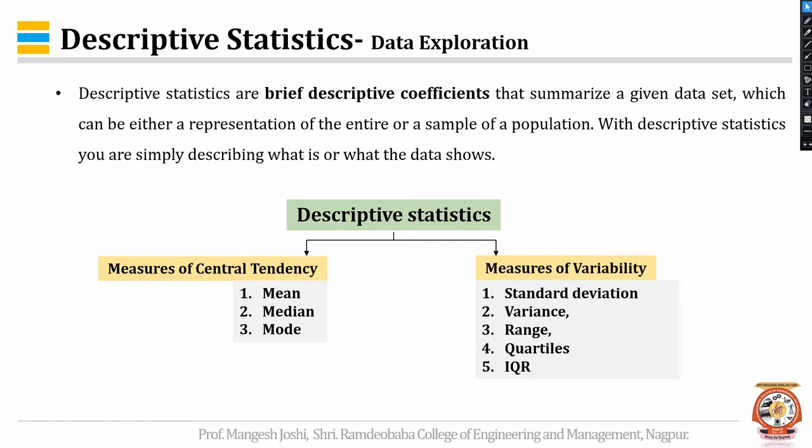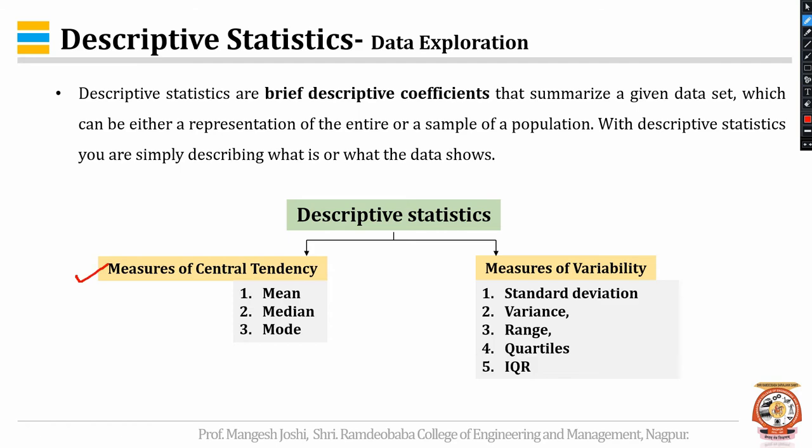So descriptive statistics are brief descriptive coefficients that summarize a given dataset, which can be either a representation of the entire population or a sample of a population. With descriptive statistics, you are simply describing what the data shows. These descriptive statistics are divided into two parts.